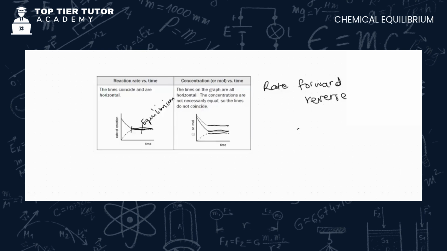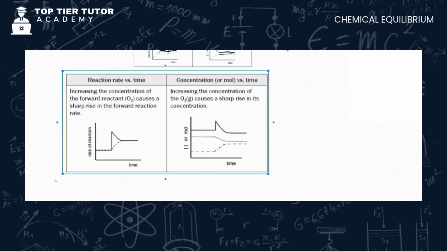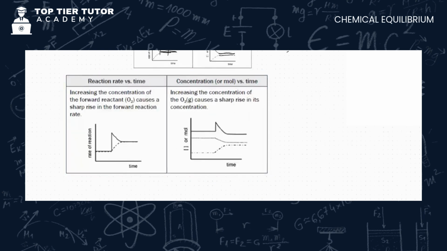The first change we're going to make is that we are going to add more oxygen. So let's see how more oxygen is going to make the system behave. If we look first at the concentration side, there is oxygen. Remember from our previous graph, it had reached equilibrium, so the concentration, or the number of moles, was constant.